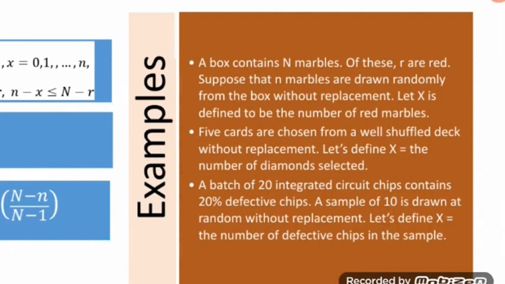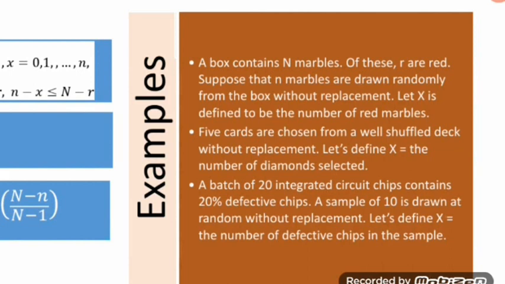Another example: if we have 5 cards chosen from a well-shuffled deck without replacement. So here we have 5 cards, small n equals 5, and let x be defined as the number of diamonds selected. So we can compute the total number of successes in the population, the total number of diamonds in the deck, which is 13.